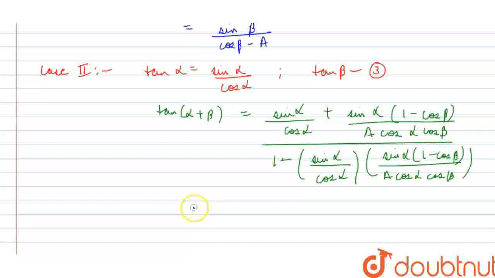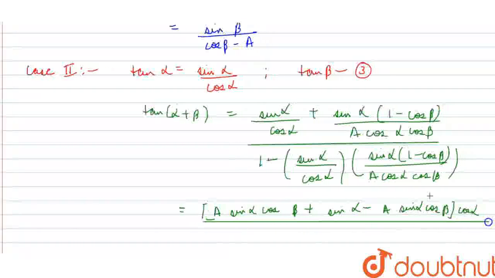So what is the final value? That is a sine alpha cos beta, taking cos alpha common, cos beta plus sine alpha minus a sine alpha cos beta, this thing into sine and cos alpha, which is common in all the three terms. This is in the numerator, and what is in the denominator?